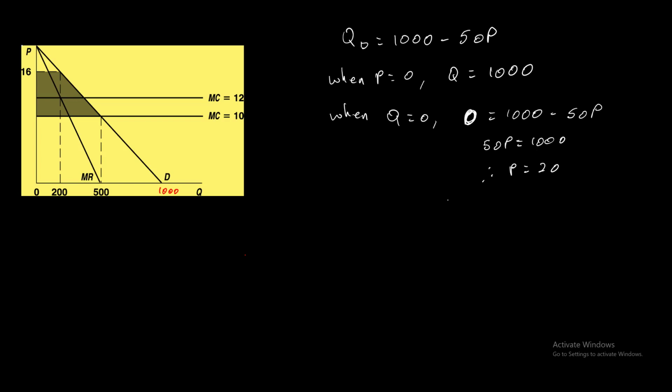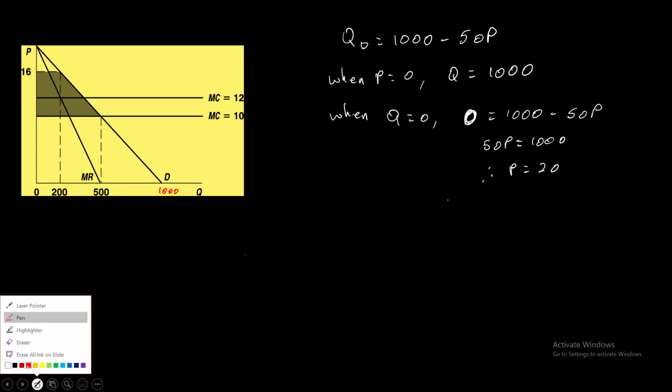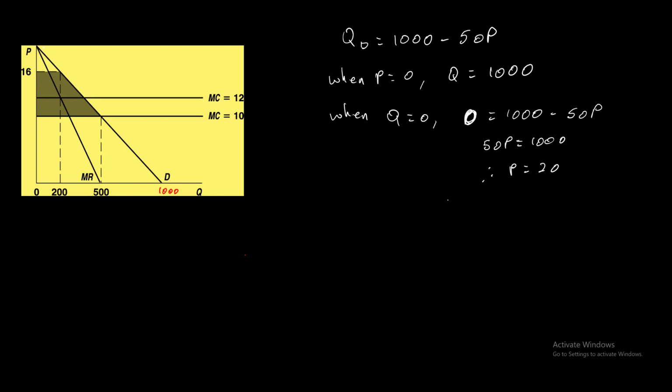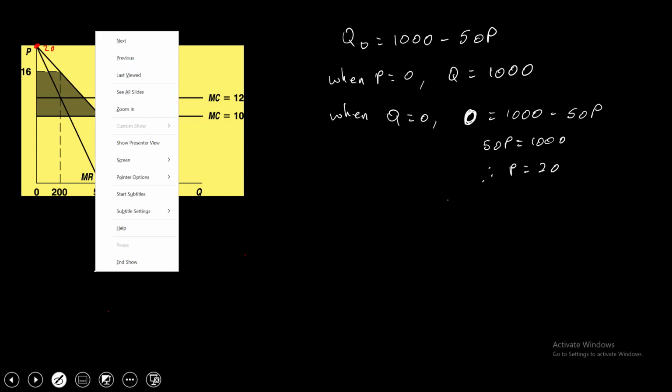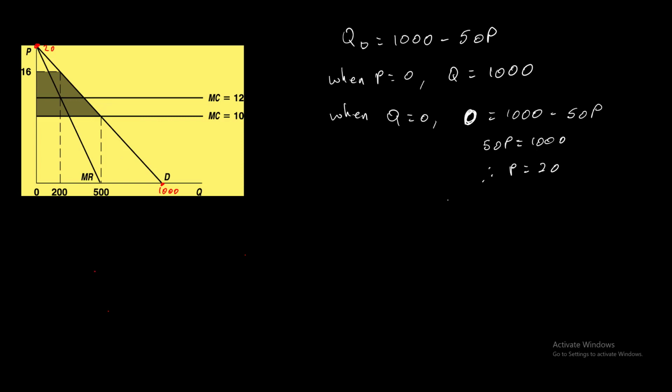So the maximum price is $20. This point up here is $20, and this point down here is 1000. For the marginal revenue, you could do the same thing, and you would get this point here to be 500. Now we graph the perfectly competitive outcome and the monopoly outcome.